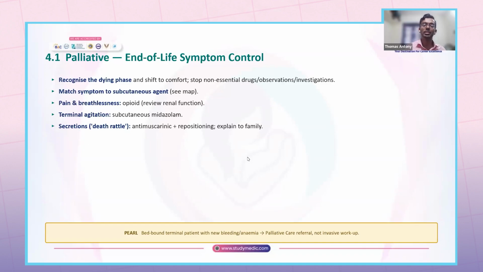Terminal agitation, in such cases, we have to relax the patient by administering subcutaneous midazolam. Secretions, we have to reduce the secretions, typically using antimuscarinic agents and repositioning the patient to prevent aspiration. Explain to the patient and to the family.